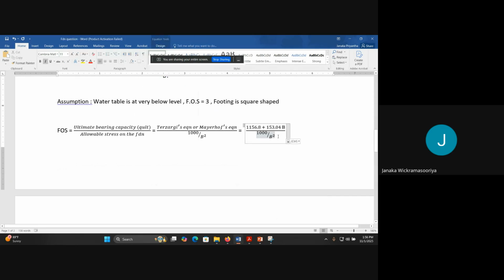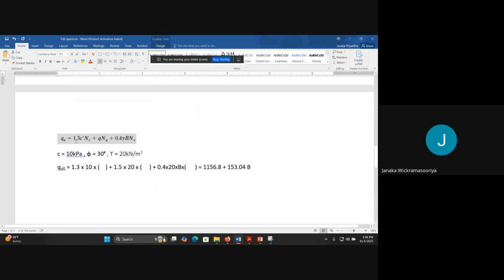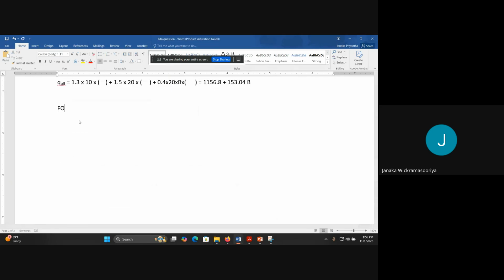Then what we got is factor of safety equals this one. Or else, factor of safety is 3, so 3 equals this one. Then we need to find B. So you will get a cubic equation of B.